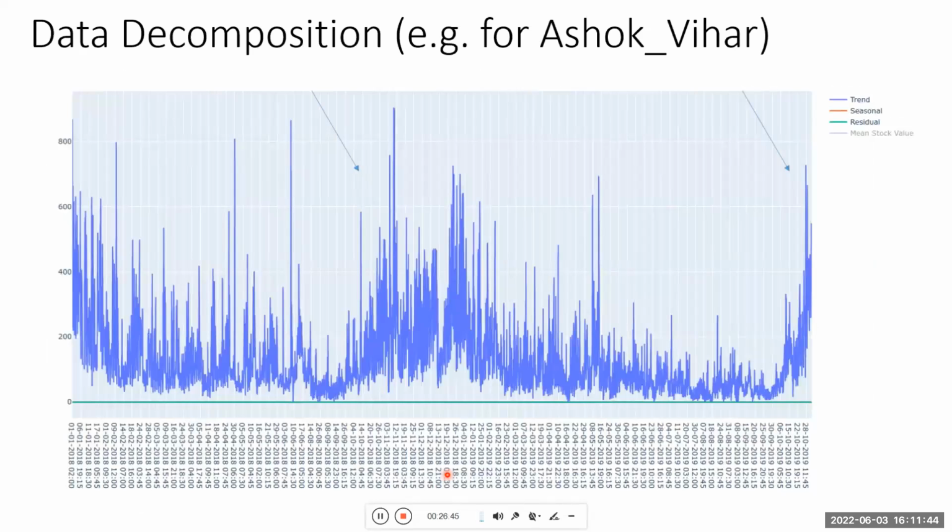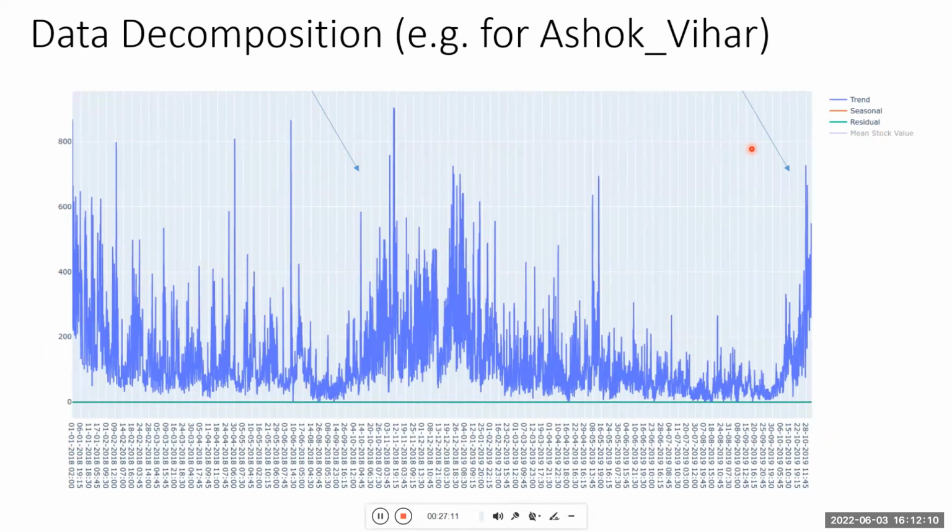So we have taken here an example of Ashok Vihar from the CPCB station. If you see this data, it is from January 2018 to October 2019, so it's more than 1.5 years. The data is very vague. You cannot see the trend, seasonality, and residual or mean stock value.